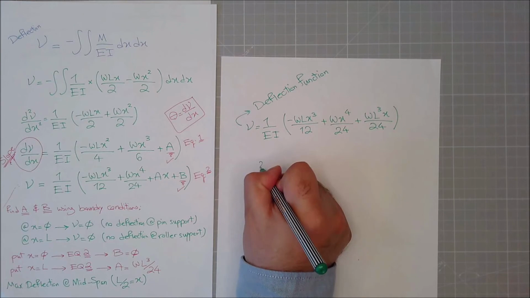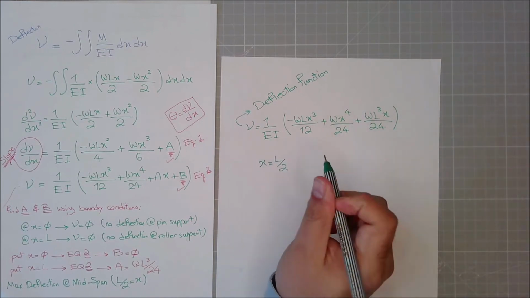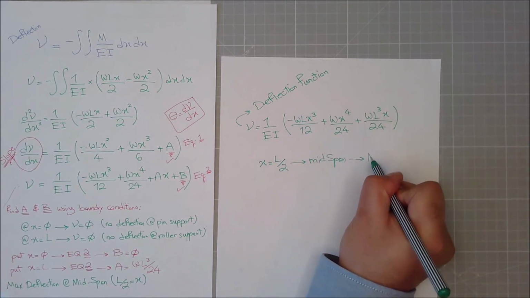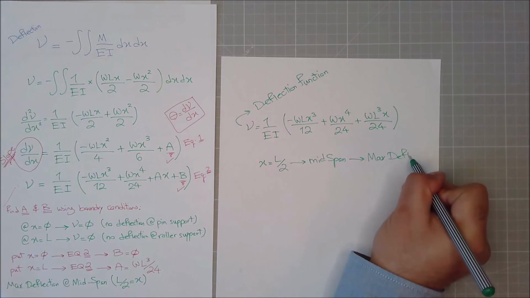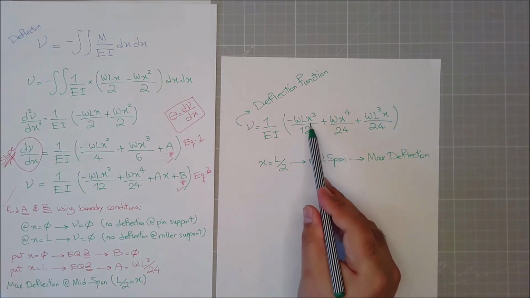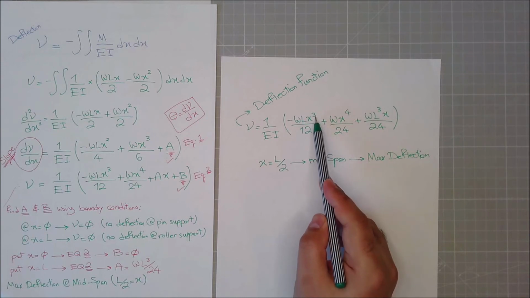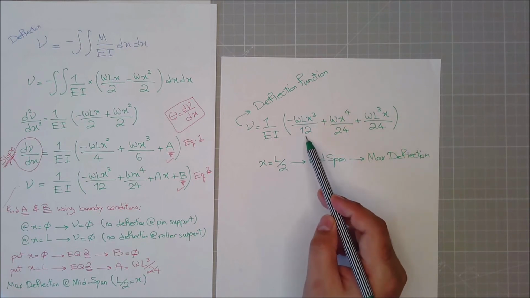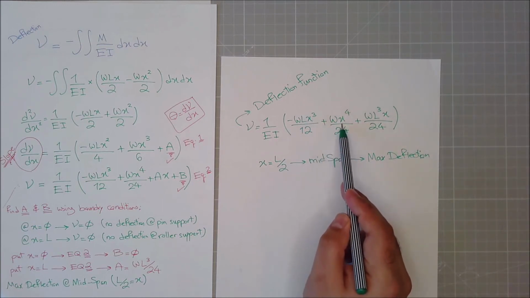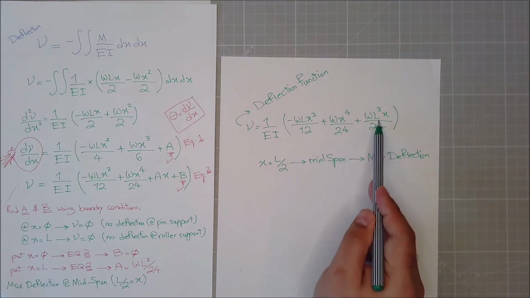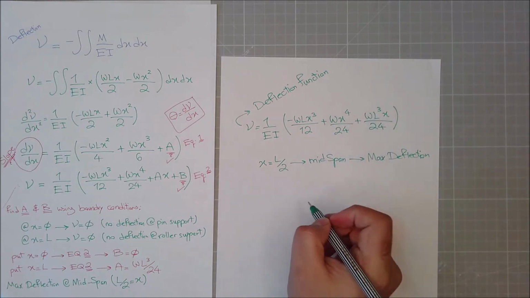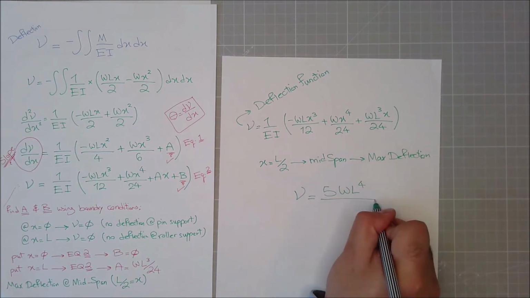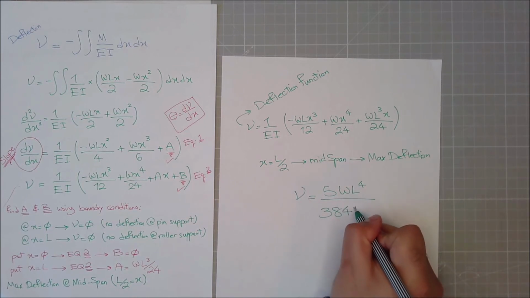Now if I put x equal to L divided by 2, meaning mid-span, which I know the maximum deflection will happen, if I put L divided by 2 over here, it will be L to the power of 3 times L to the power of 4, that 2 to the power of 3 times 12 plus L to the power of 4, 2 to the power of 4, plus all of these will end up 5WL to the power of 4 divided by 384 EI.